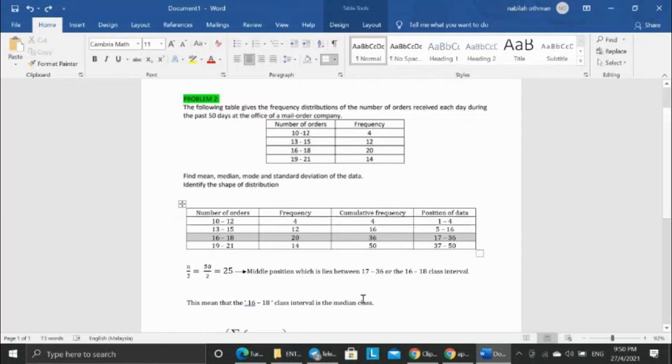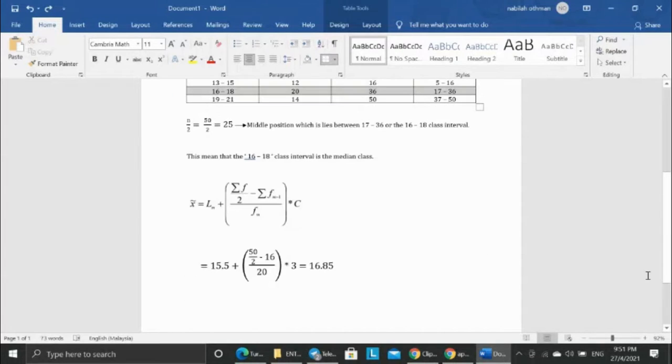Once the median interval or class is determined, the median is calculated by using the formula. First, we need to find lower class boundary of the class containing median, which is 15.5, and then plus 50, which is the total frequency, and then divided by 2 and we will get 25.